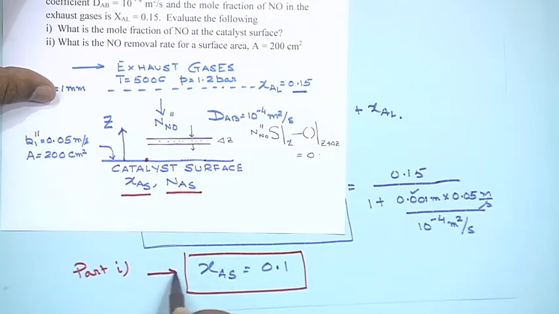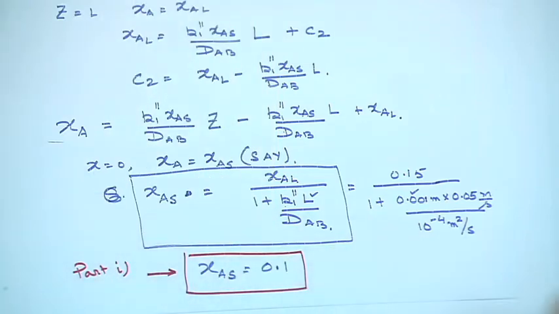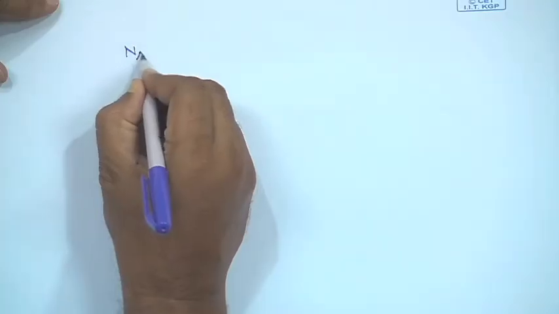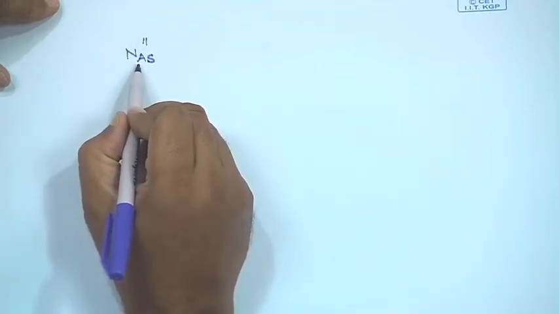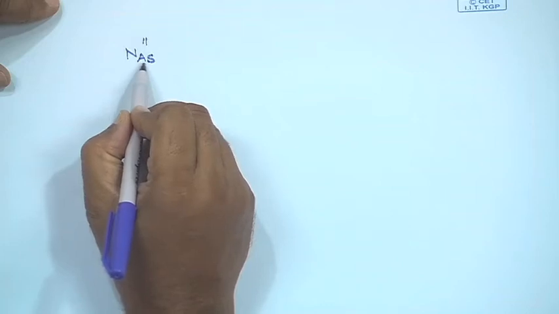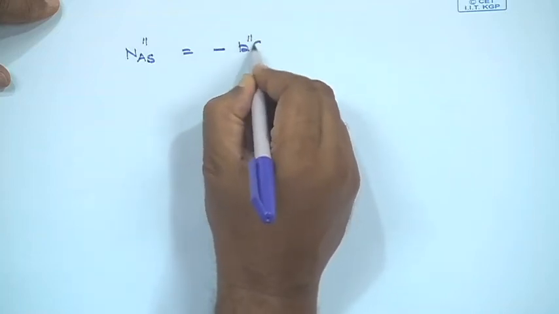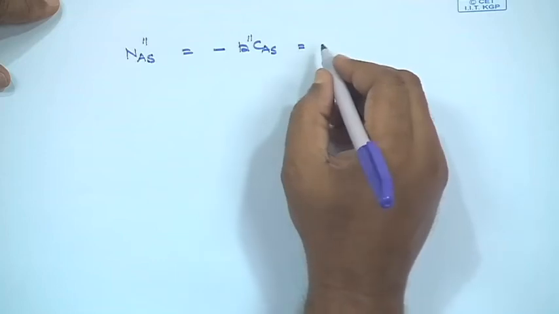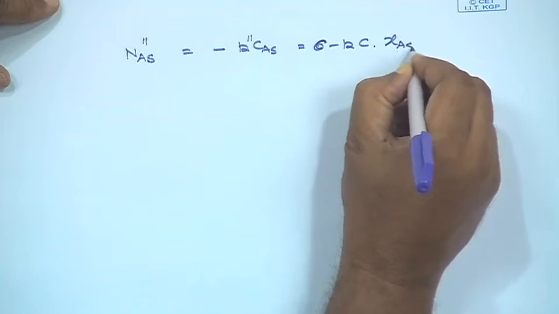So, the first part of the problem has already been evaluated, and now we should be able to find out what is going to be the expression and then the value of NAS. Starting with the expression which we have already obtained, this NA double prime S, the molar flux of A towards S, would simply be equal to, at steady state, the rate of reaction, and this is equal to minus K times C times XAS.